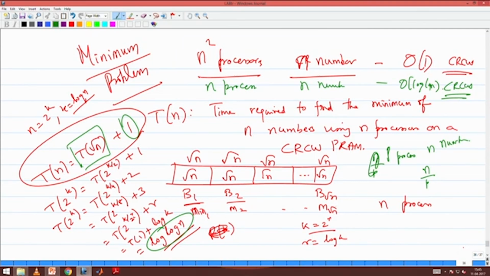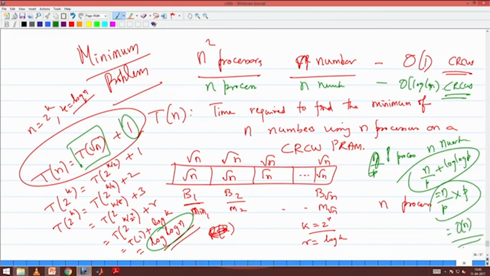If I have p elements and p processors, it will take log p. So n by p plus log p. Since p is very much less than n, log p is still very much less than n by p. So n by p times p processors, I will get order n. So I can use the same Brent's technique to show that I can get an optimal algorithm.